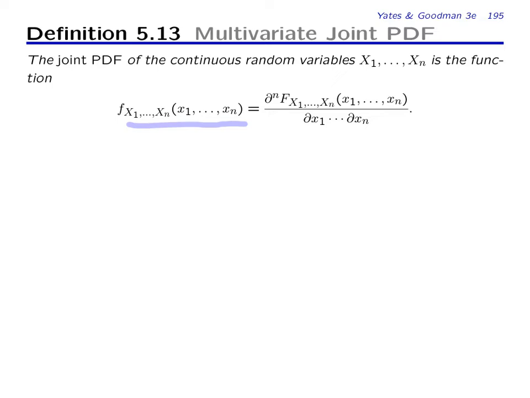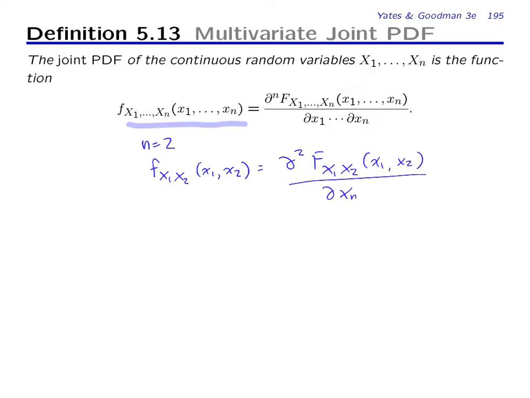When n equals 2, the joint PDF of X1 and X2 is the partial with respect to x1 and x2 of the joint CDF. And this is just the generalization.